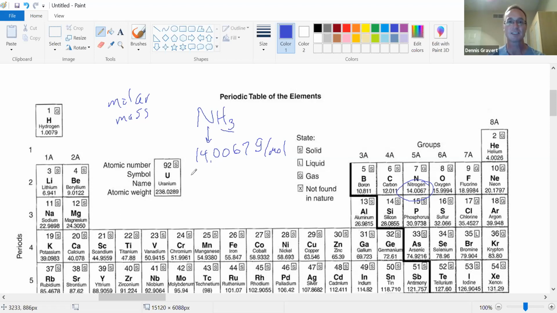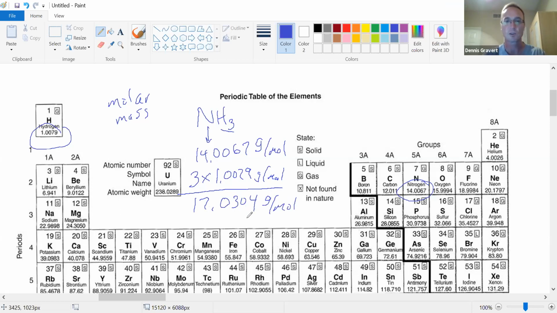We got 3 H's. How much does 1 H weigh? 1.0079 grams per mole. Okay, so 3 times 1.0079, add that to 14.0067, and put in your calculator, and you should get 17.0304 grams per mole. 17.0304 grams per mole. That's our conversion factor.